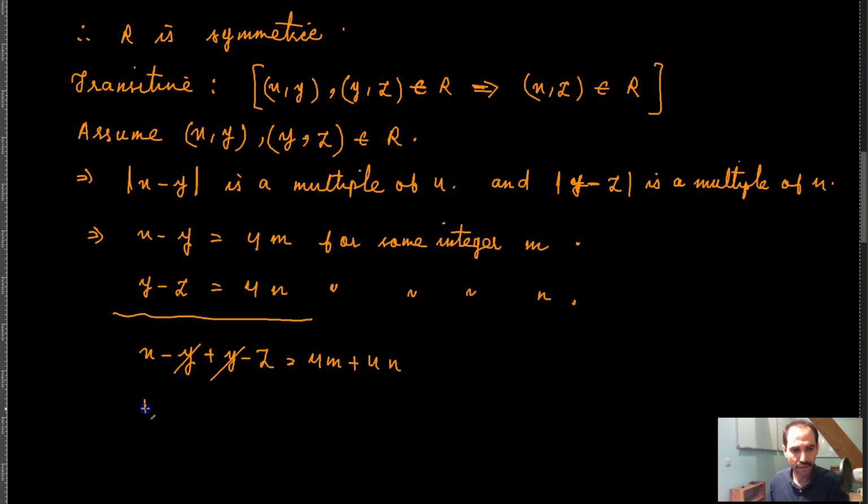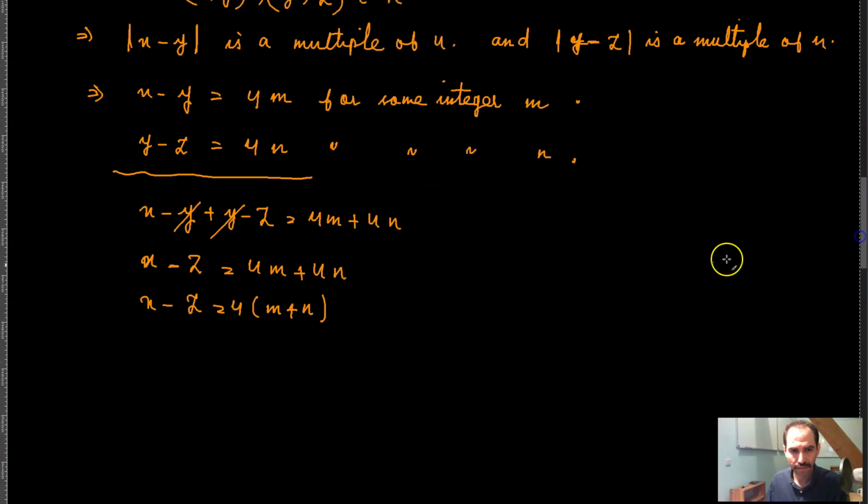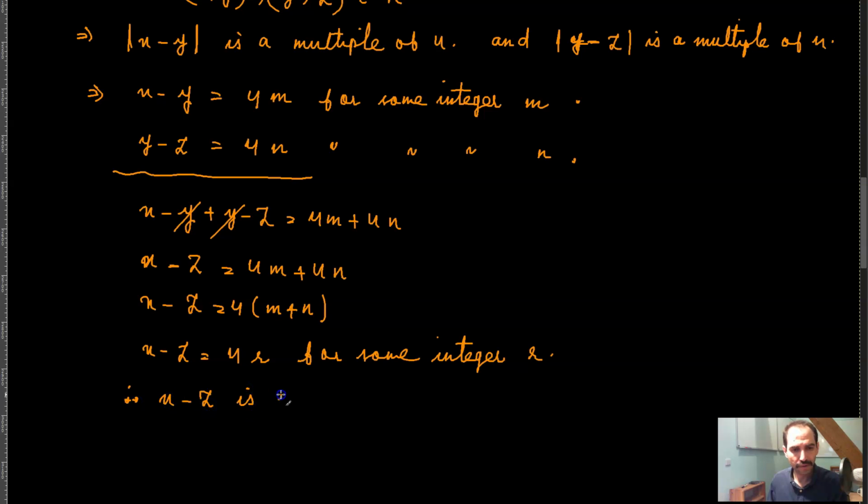If I cancel these two out, I get x minus z is equal to 4m plus 4n, which means that x minus z is equal to 4 times m plus n. Since m and n are integers, I can write this as x minus z is equal to 4 times r, for some integer r, which means that x minus z is a multiple of 4.